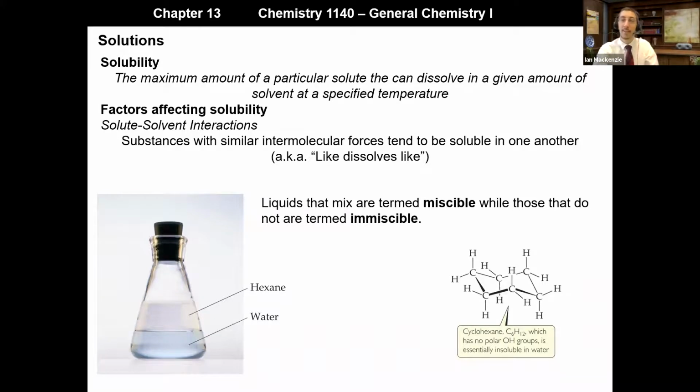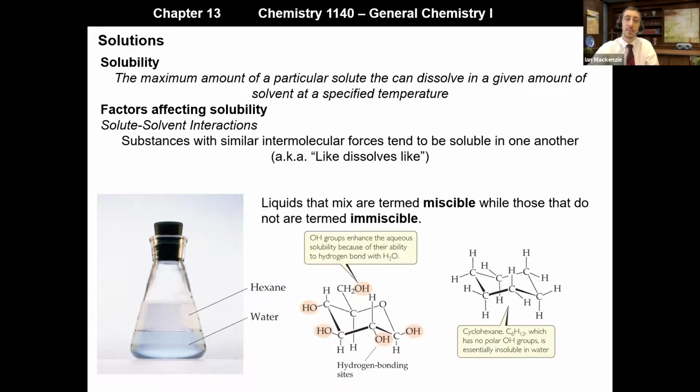But if you take a structure that's very similar to cyclohexane, this is glucose, and you'll notice it now has many OH groups on it. It has a lot of hydrogen bonding capability. And so glucose is very soluble in water because of the hydrogen bonding that is present that's similar to water's intermolecular force.